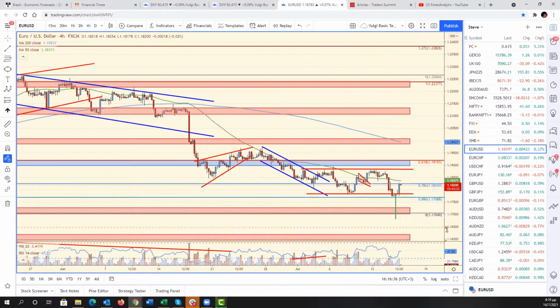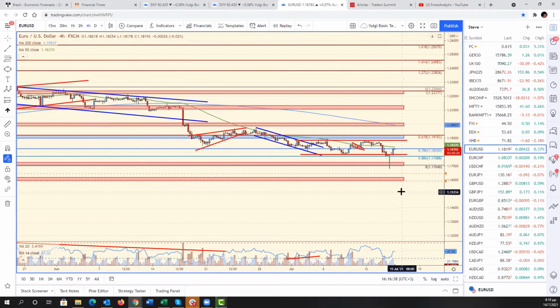So. No breakout yesterday. We flirted with the idea, traded a few pips, literally a few pips below the previous low. But in my opinion, that's definitely not enough to make this a breakdown.